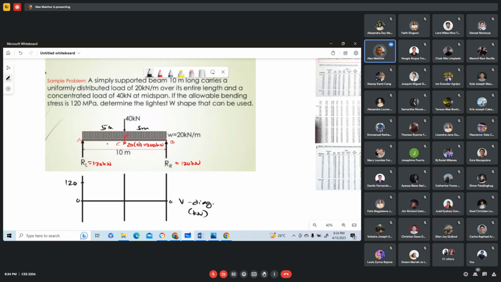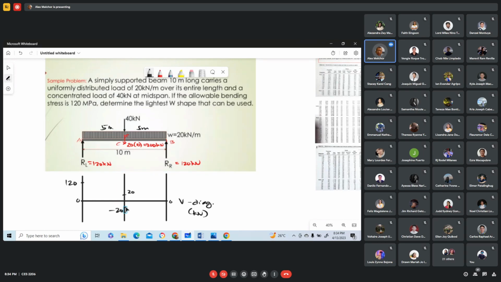So 120 minus 100 gives us 20. Then 20 minus 40 gives us negative 20.